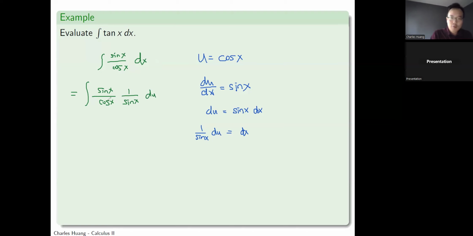What we need to do here is get rid of everything with x in there and get to u, because we're substituting away all the x's to get to u. The dx is done a little bit differently by treating it like a differential. We can now cross out the sine x because we have sine x divided by sine x. And cos x, we're going to use our substitution, right? We're going to substitute it in there.